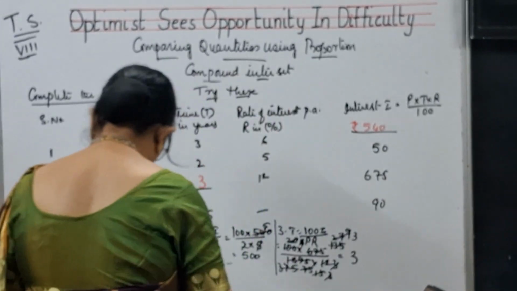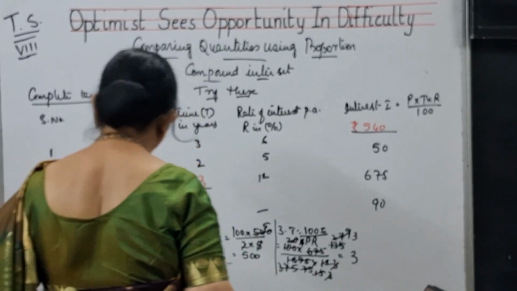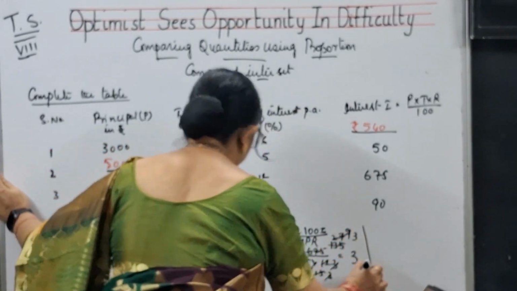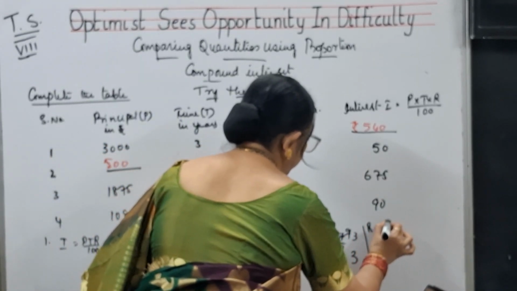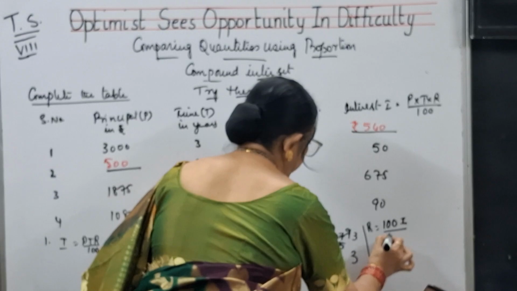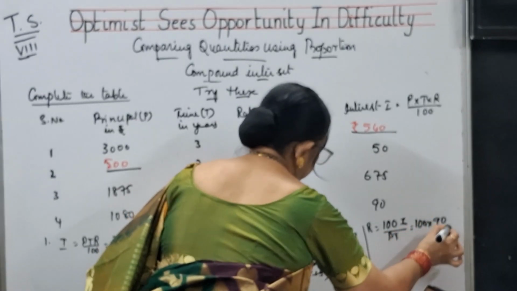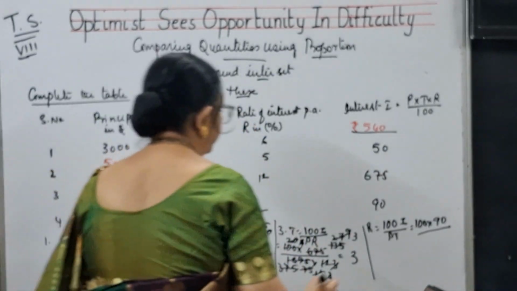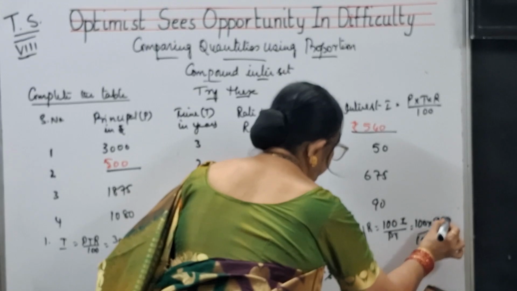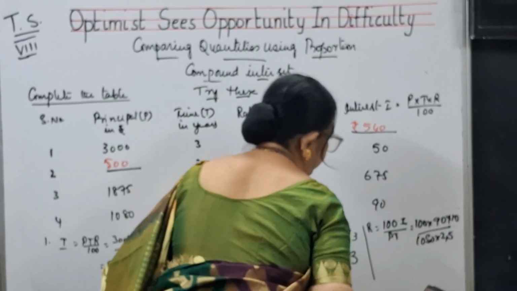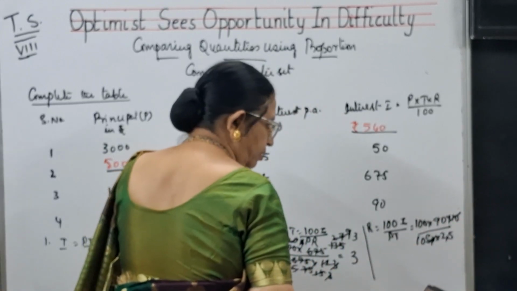Next one, we are going to talk about the fourth bit. Fourth bit, we need to find out R. R is equal to 100I by PT. 100 into I is 90, by P is 1080 into 2.5. Means I can write 10 here so that I can remove the decimal. 0 and 0 will get cancelled.